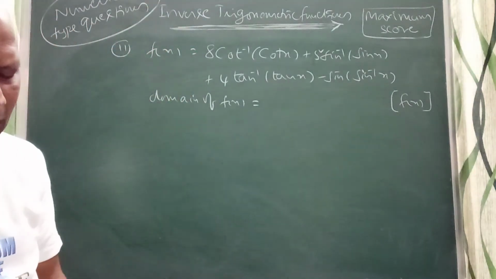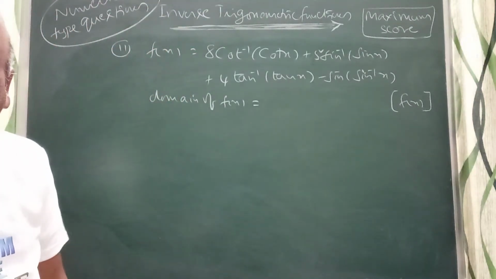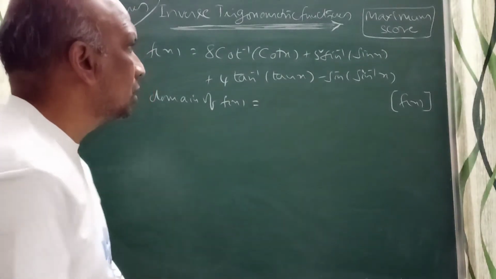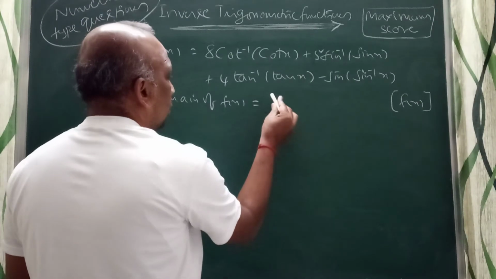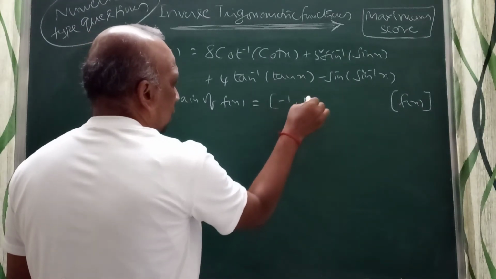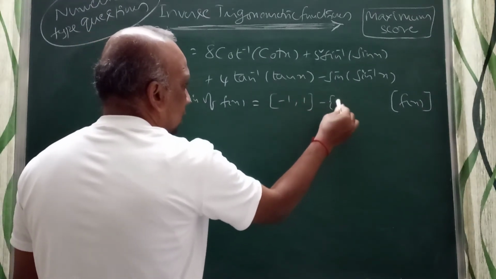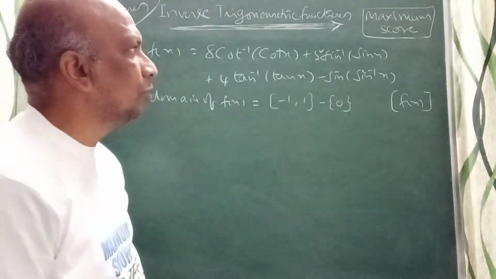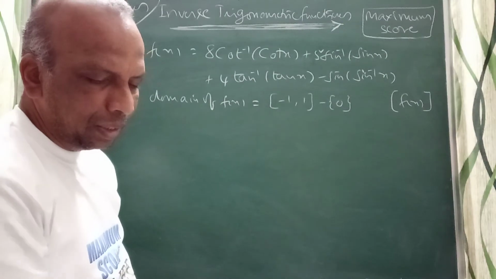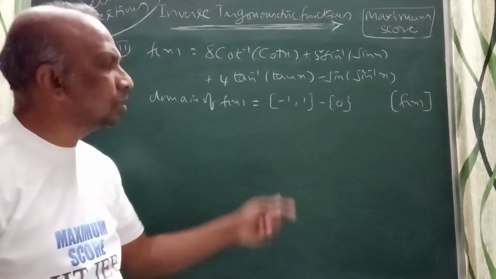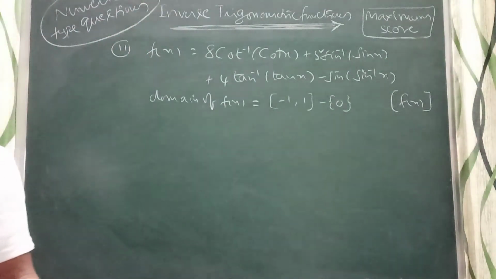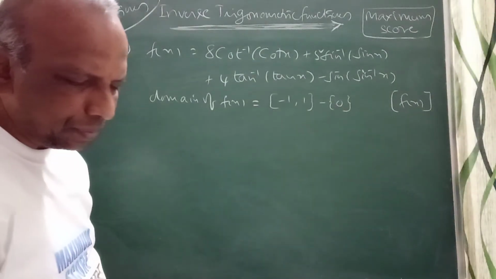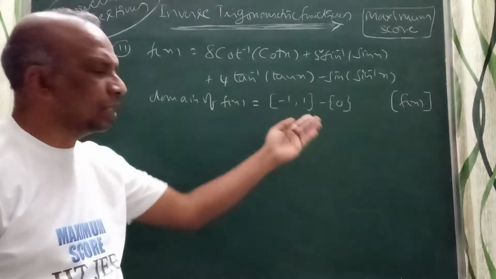In this case, the domain will come only as the closed interval −1 to 1 except 0, right? Because I can't define cot 0, it is infinity. I can't define that value. Only this value we can consider, so that's the reason I have taken this, except this one.